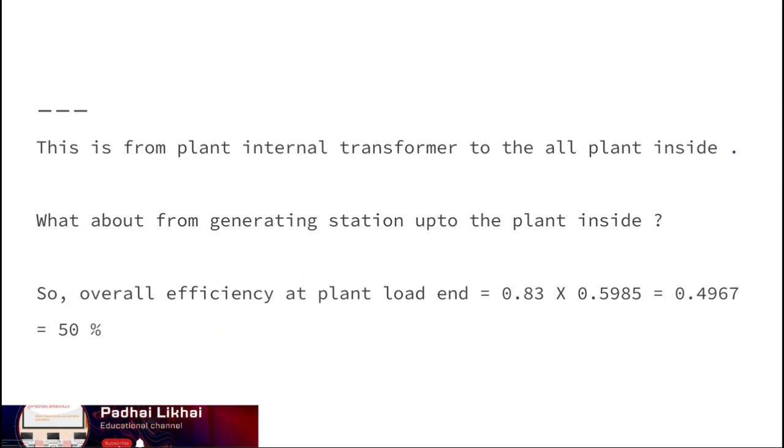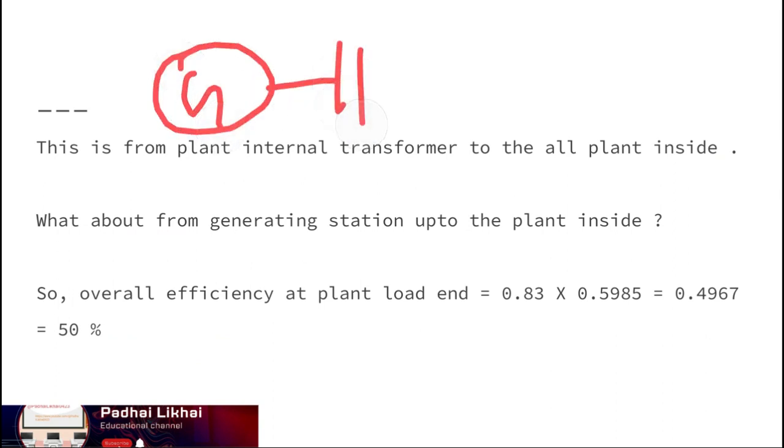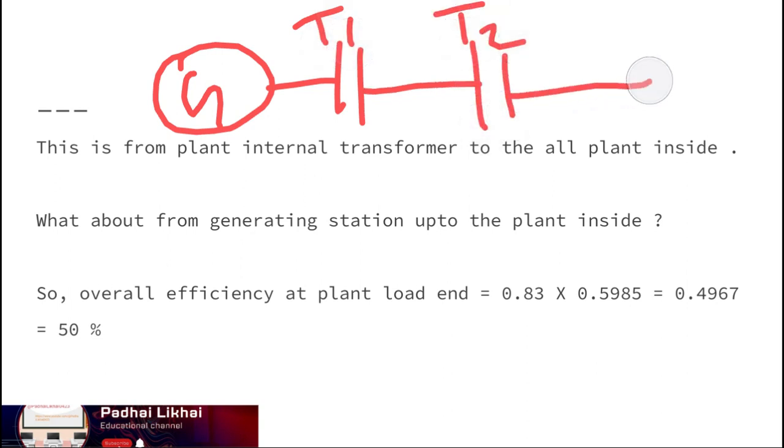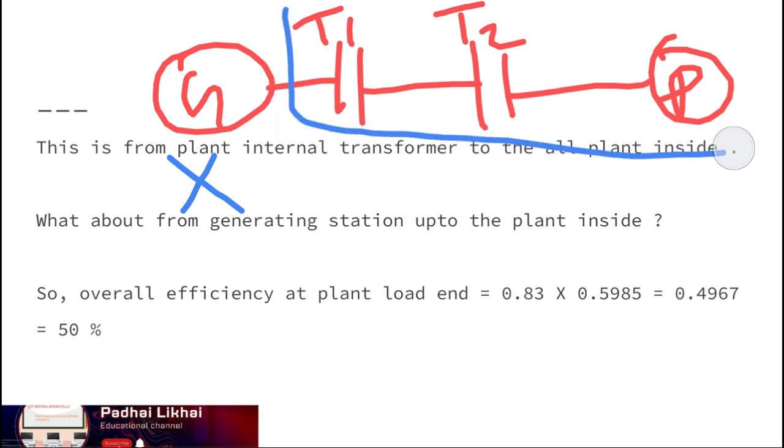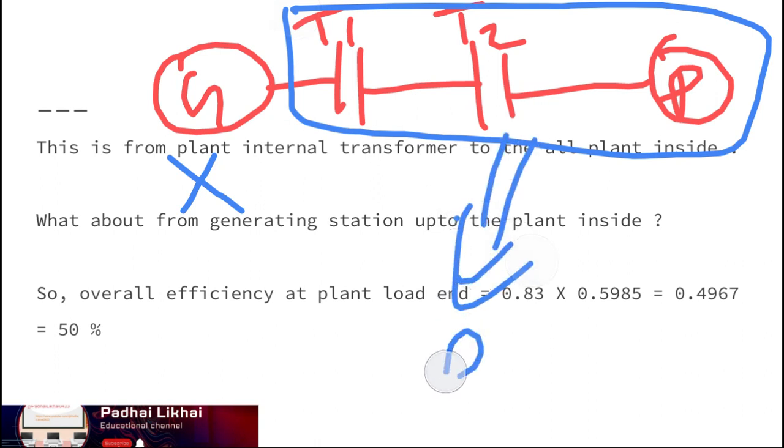Okay. Now let us talk about another important efficiency. This is generating station, this is the transformer, step up, this is step down, and this is the plant. Now we are again not going to talk about the efficiency here. Now we are interested in the efficiency of this part.